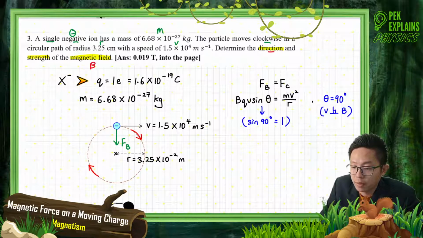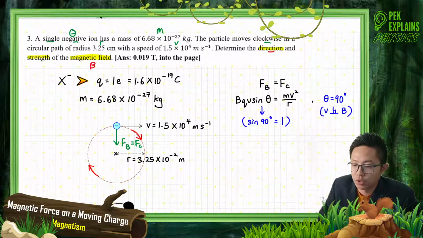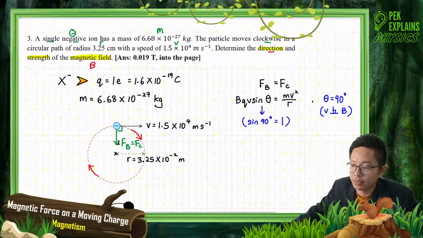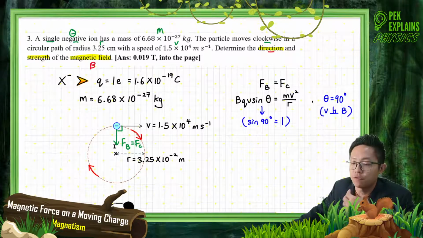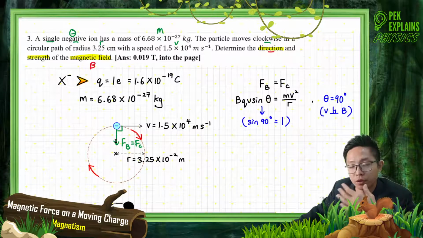It must be the magnetic force. The magnetic force becomes the centripetal force. This force is perpendicular to the velocity. It is towards the center of the circle. So what is the direction of the magnetic field that produces this force?